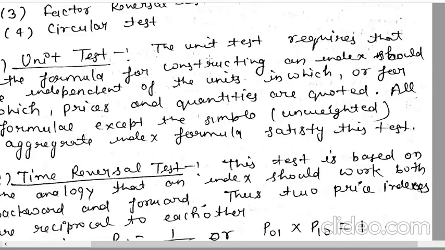So unit test means the formula for constructing an index should be independent of units. Means you will use your unweighted aggregate formula, that means P01 for the arithmetic and P01 for the geometry.